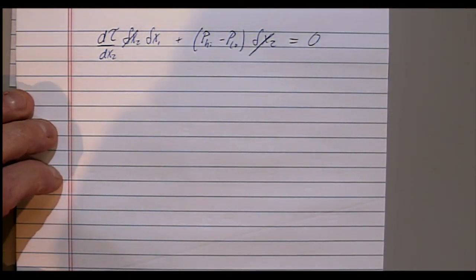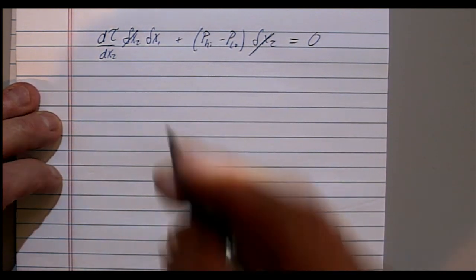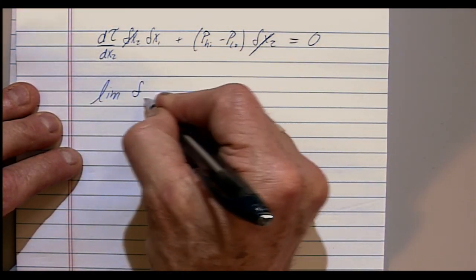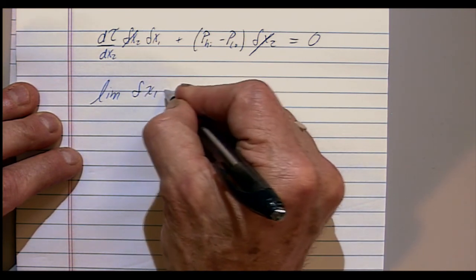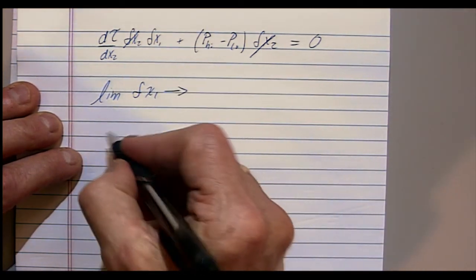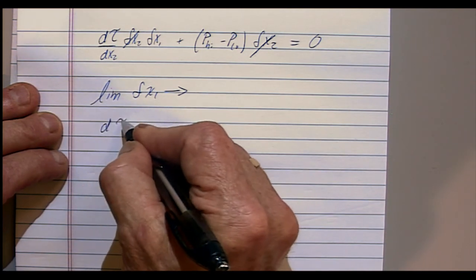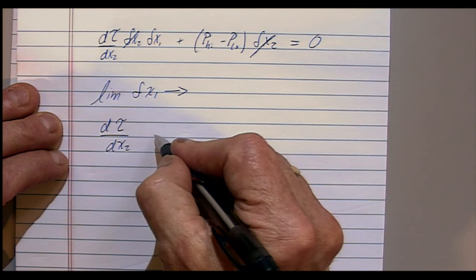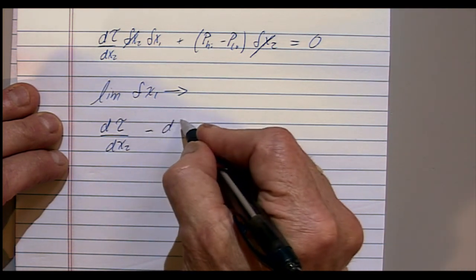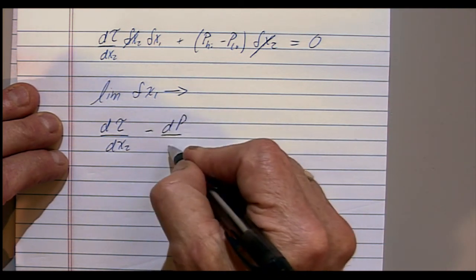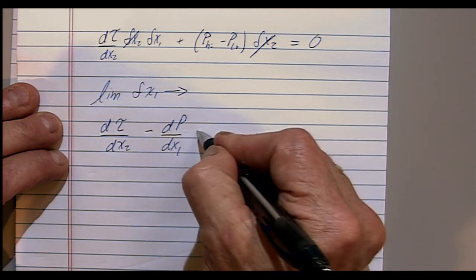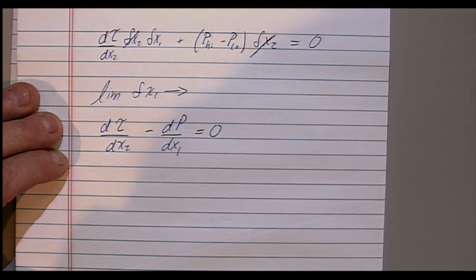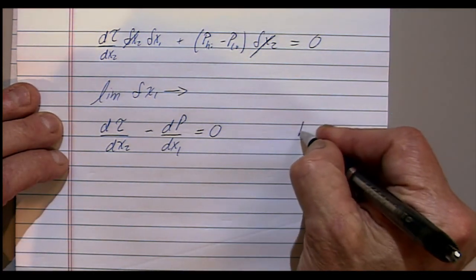And if we take the limit as delta x1 goes to 0, we can convert this to a differential equation that looks like the derivative of the shear stress with respect to x2 minus the derivative of the pressure with respect to x1 is equal to 0. Okay, so that's going to be our first equation. We'll call that number 1.